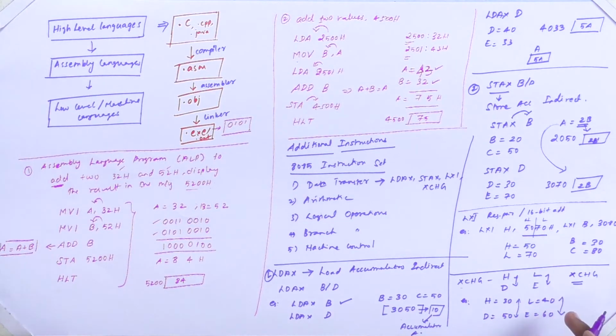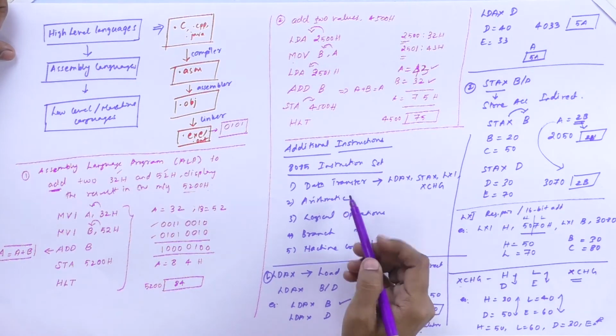So this is before execution. After execution of exchange, H is equal to 50, L is equal to 60, D is equal to 30 and E is equal to 40.